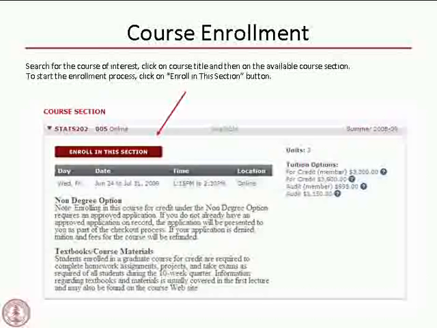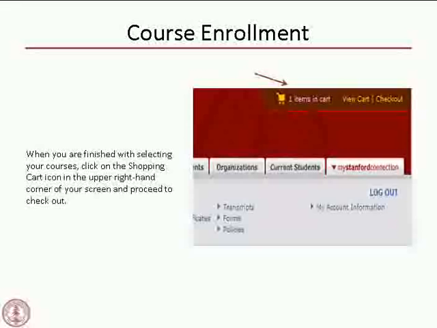Here's an example. If you were to do a search on a specific course, you would identify that domain or the specific course if you know the name, and then you would go to this page in the course section, and you would hit the button Enroll in this section, which is highlighted. That would lead you to completion, and you would hit this cart, which is in the upper right hand of the screen when you're in My Stanford Connection.